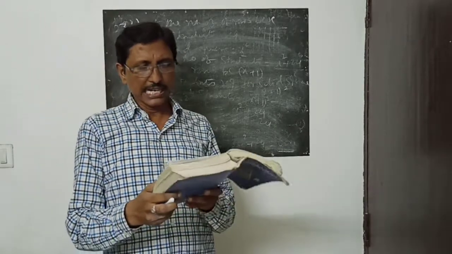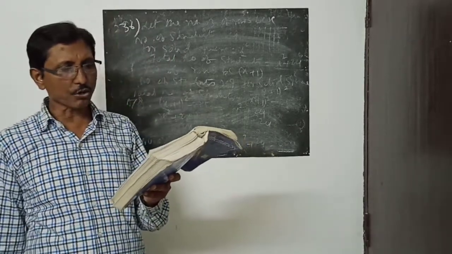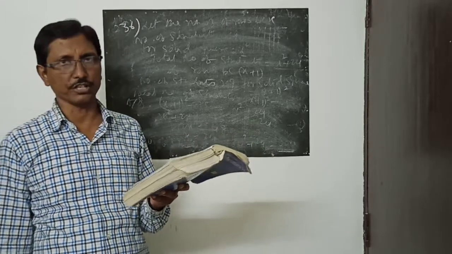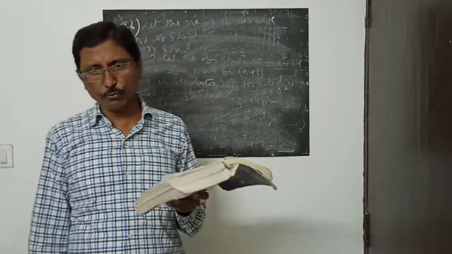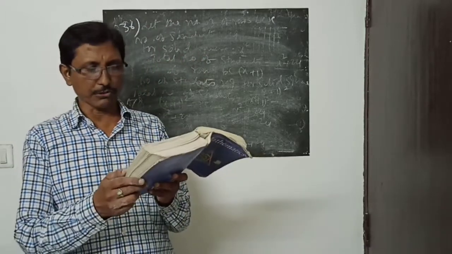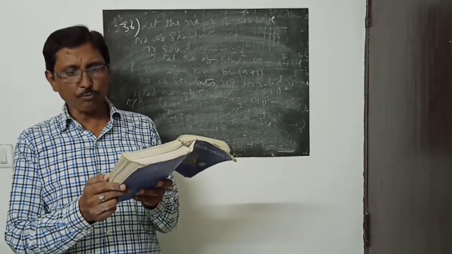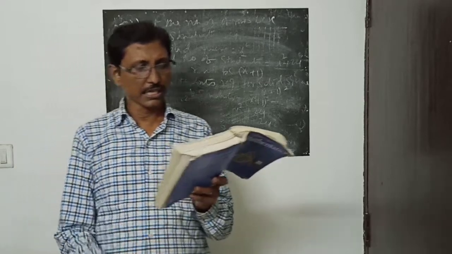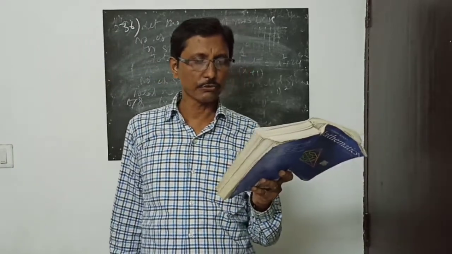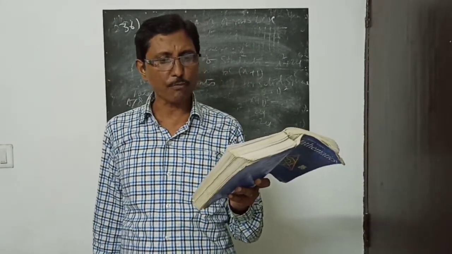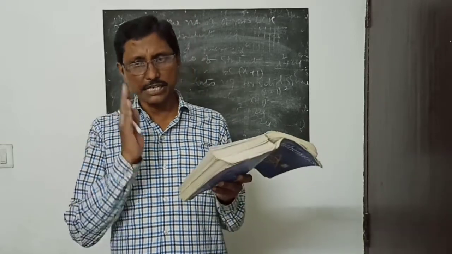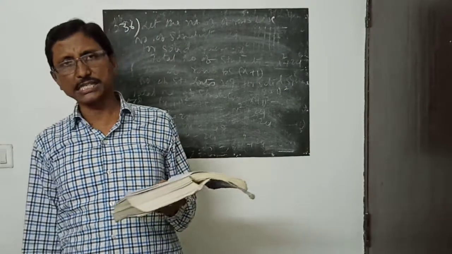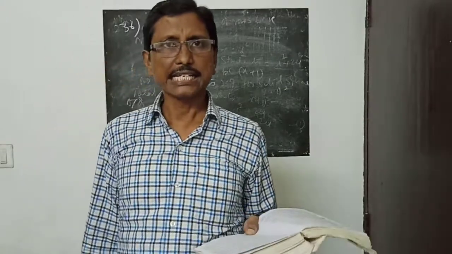What do we have? A man buys a number of pens for rupees 180. He has 180 rupees, and with that he has purchased some number of pens. If he had bought 3 more pens for the same amount, 180, then each pen would have cost him rupees 3 less. Means with 180 rupees he got some pens.